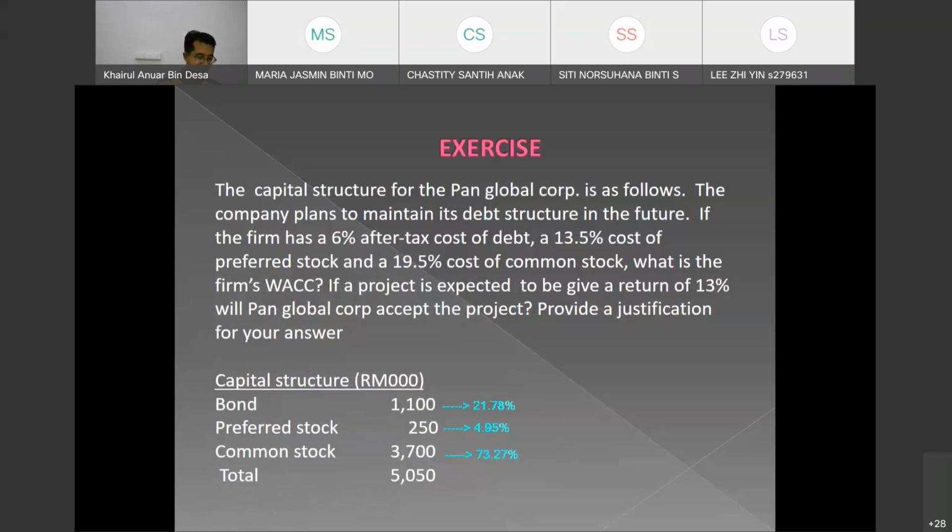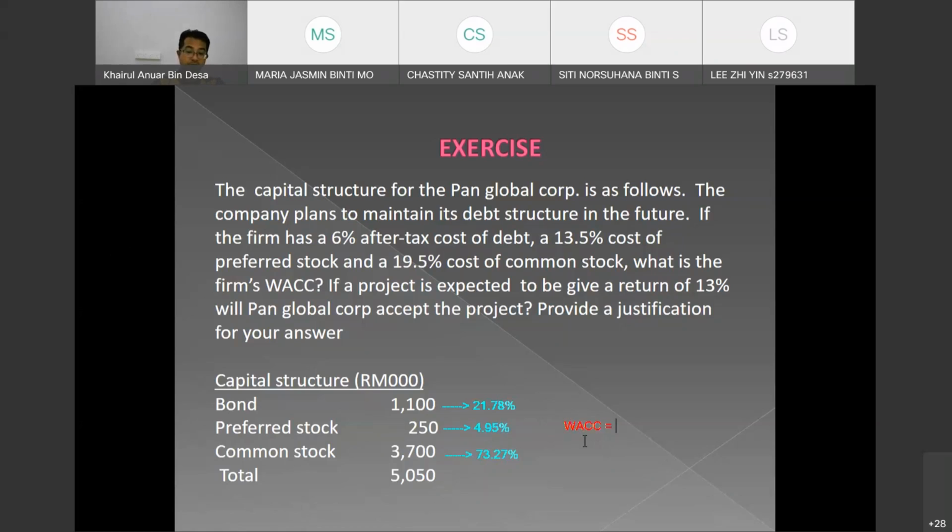So, what is the WACC? Sekejap. Tukar ya. Sorry. Okay, what is our WACC? Okay, Redah dah dapat dari situ.